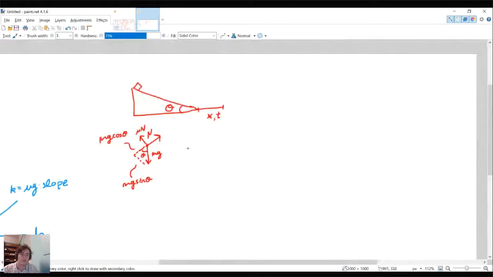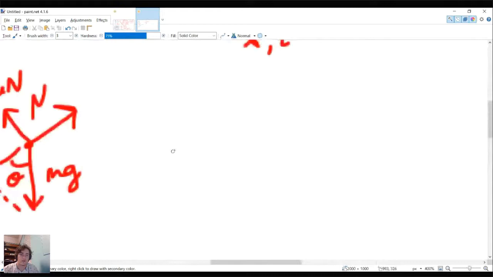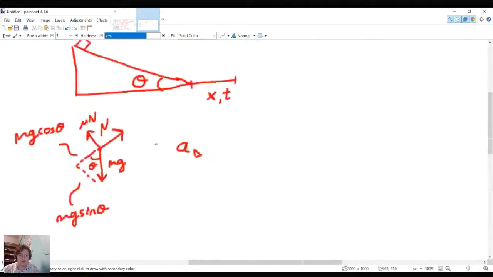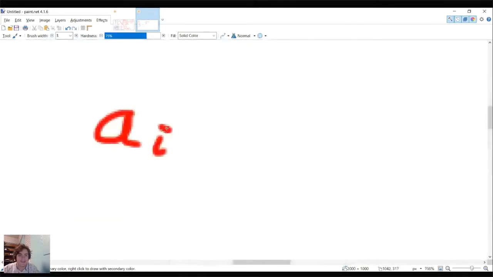So we now have the acceleration down the incline. The acceleration down the incline, we'll denote that with, we'll be fancy actually, we'll draw a triangle subscript. No, we won't. That takes too long.